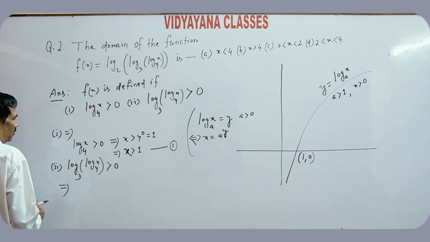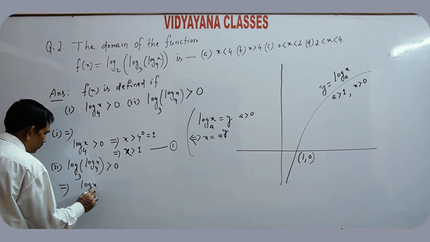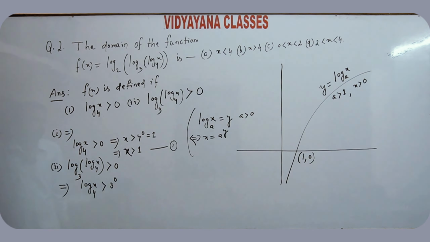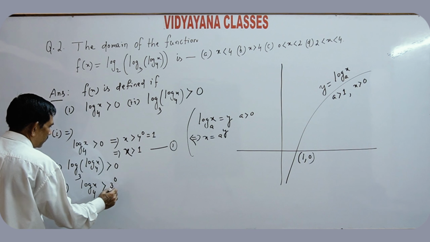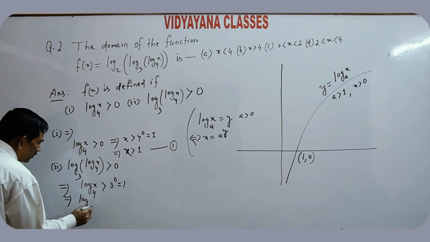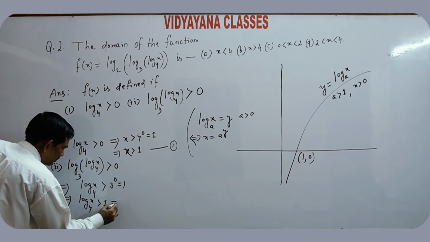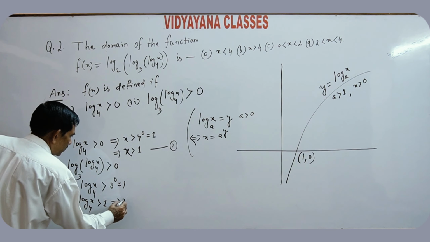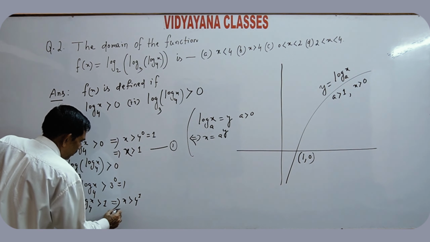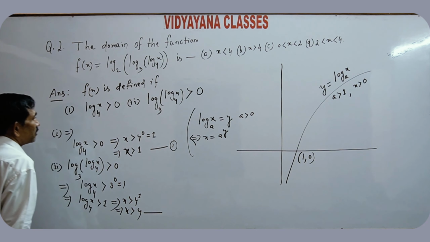So log of x with base 4 is greater than 3 to the power 0, which is equal to 1. Log of x with base 4 greater than 1 implies x is greater than 4 to the power 1, which implies x is greater than 4. It is the second condition.